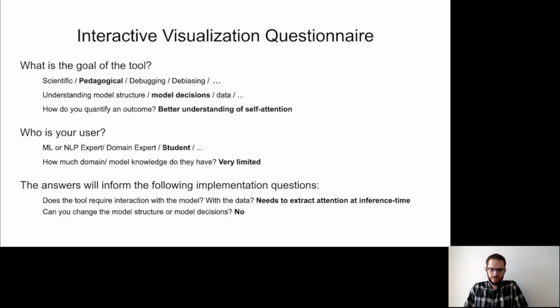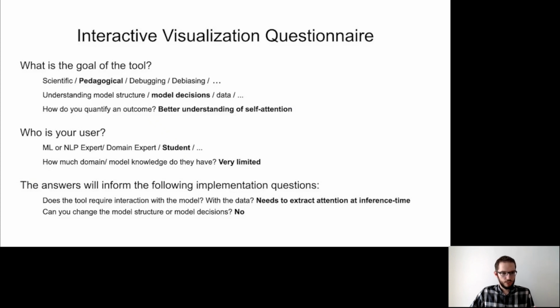But first, before we start developing, I want to go back again to our interactive visualization questionnaire, because as you can see here, this tool is very different from our example earlier. Our goal now is to be a purely pedagogical tool that understands model decisions, specifically its attention and self-attention.